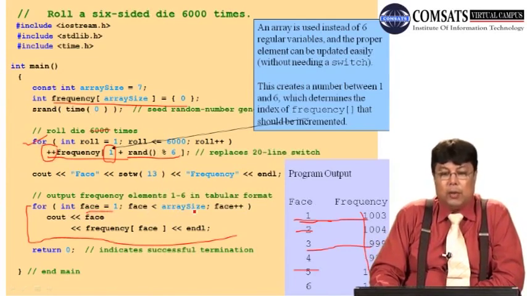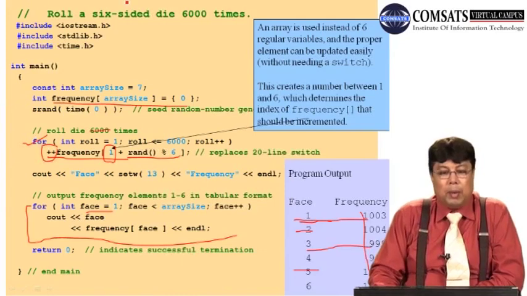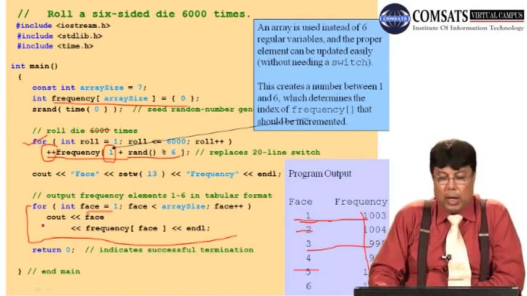Array of size क्या था? Array of size was 7. यहाँ पे array of size was 7. Okay, top पे हमने count int array of size was 7. So when we say less than 7, this array should run from 1 to 6.